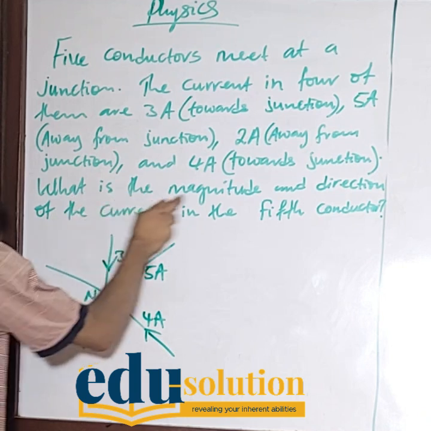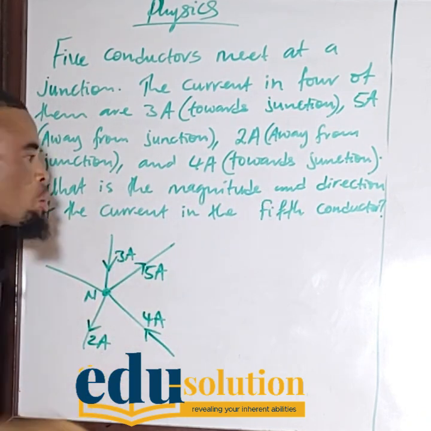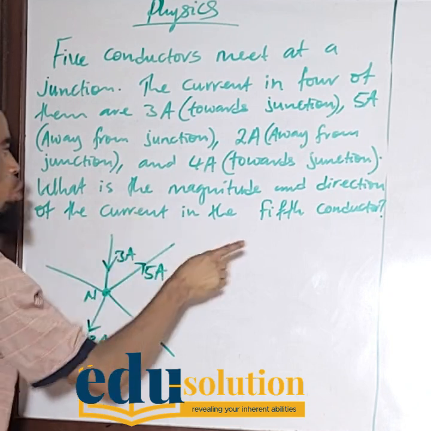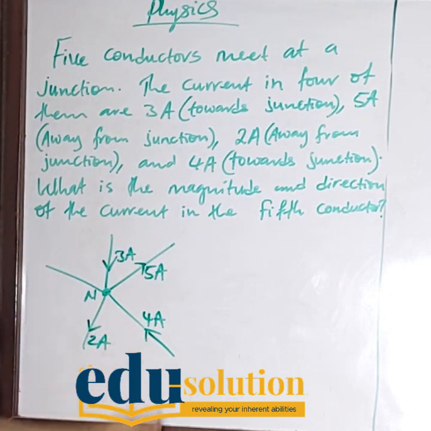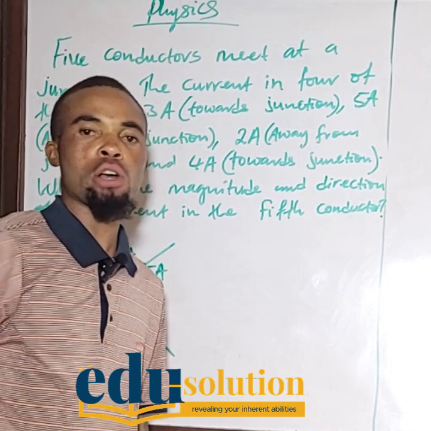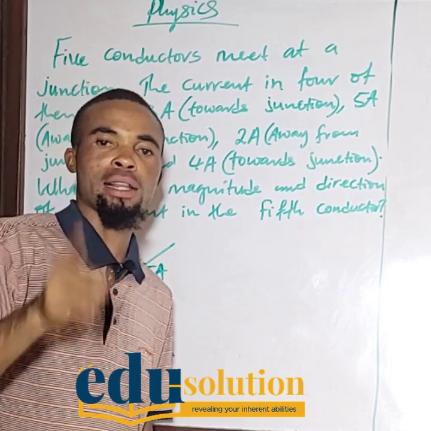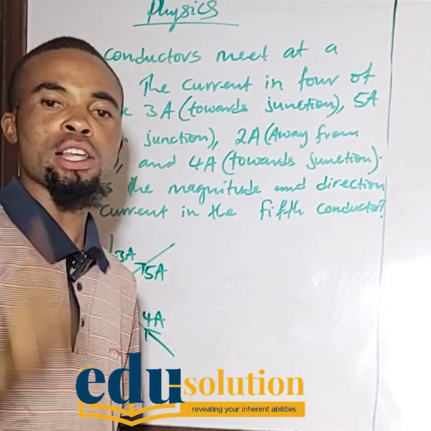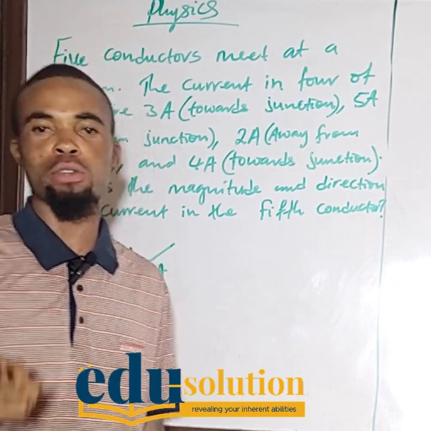The question is, what is the magnitude? What is the value of the last one, and what direction will that last one be? Is it flowing towards the junction or away from the junction? So this is Kirchhoff's rule, which says the sum of the current flowing into a junction is equal to the sum of the current flowing out of the junction.